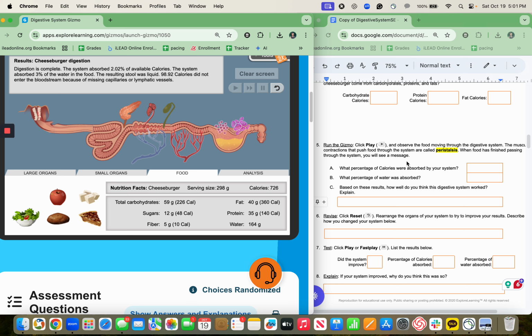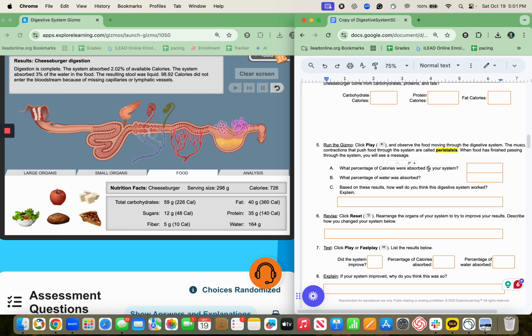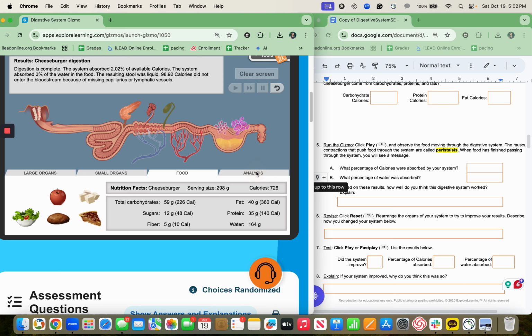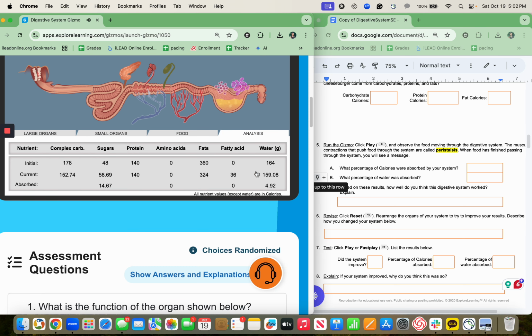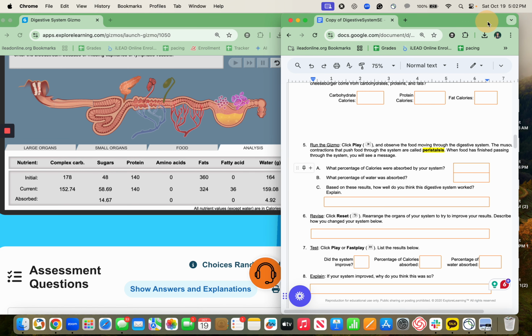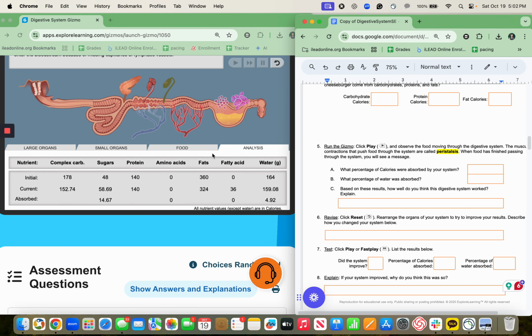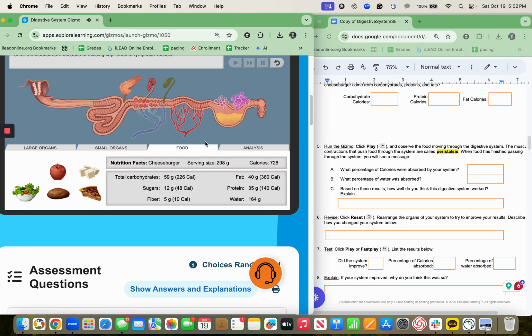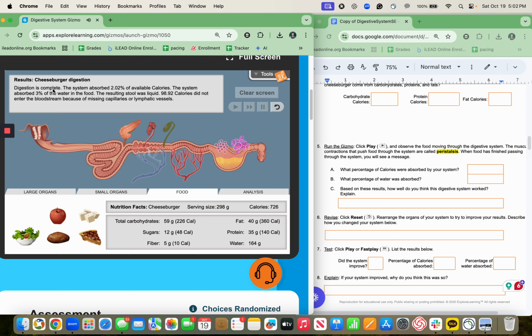Okay, so now we're going to go to the analysis. What percent of the calories were absorbed? All right, let me see. Are we supposed to go to another? When the food is passing, you will see a message. Did you see a message? Oh, okay, right here.